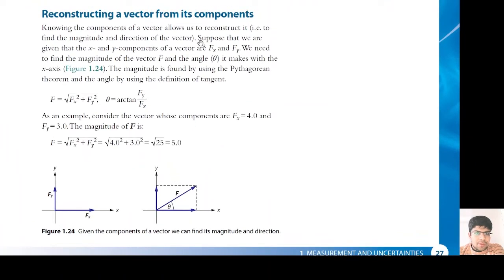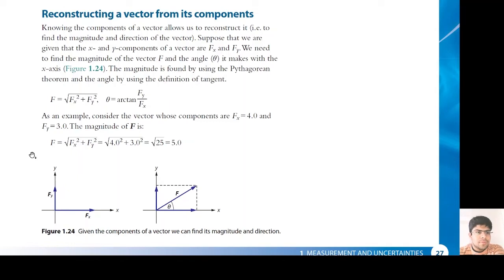Suppose that we are given the x and y components of the vector, Fx and Fy. Then we need to find the magnitude of vector F and the angle theta it makes with the x-axis. The magnitude is found by using the Pythagorean theorem, and the angle by using the definition of tangent. So F equals the square root of Fx squared plus Fy squared, and theta equals arctan of Fy over Fx.